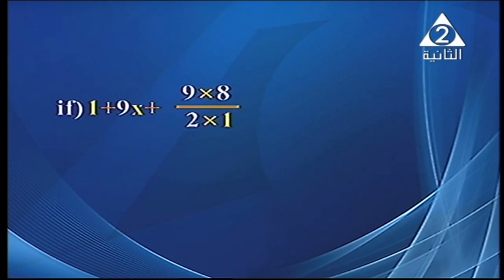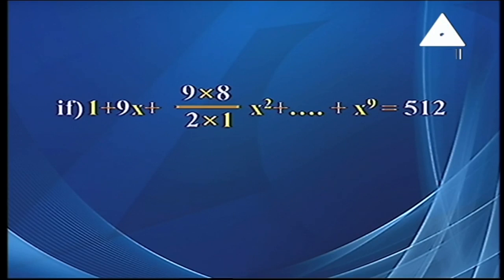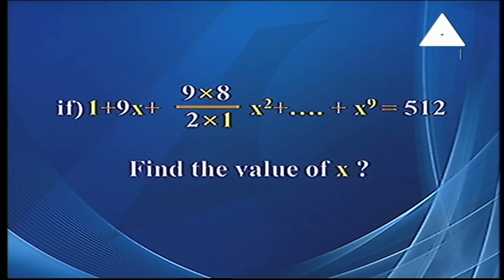Then we move to another one. If 1 + 9x + (9 times 8 over 2) x^2 + ... + x^9, that is (1 + x)^9, equals 512, find the value of x.